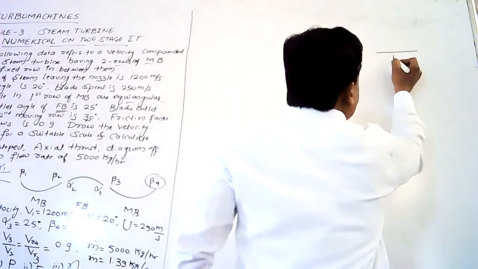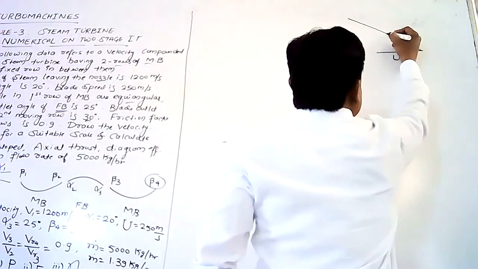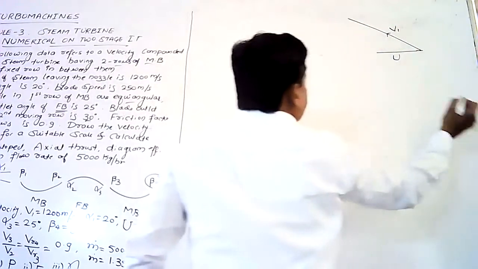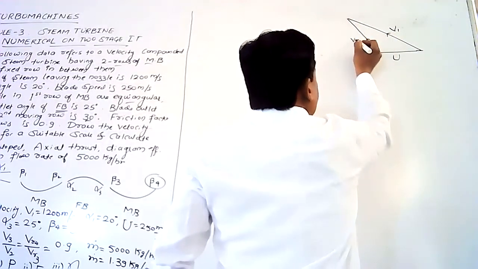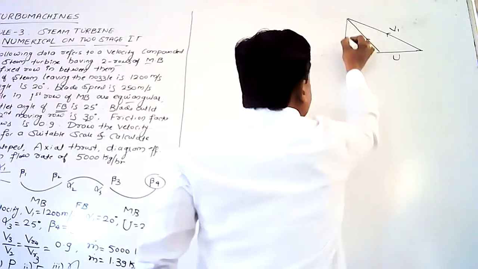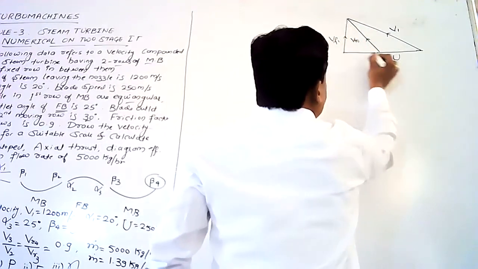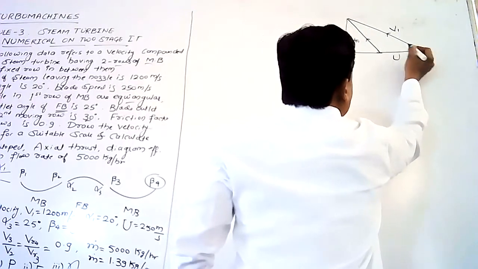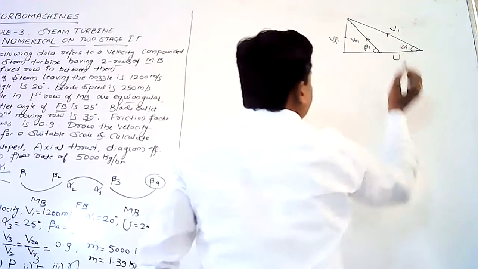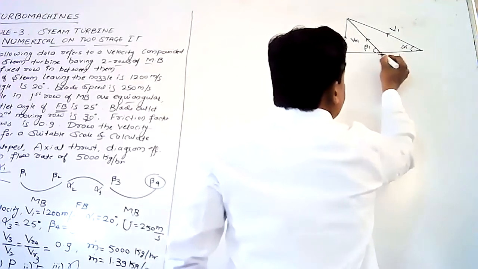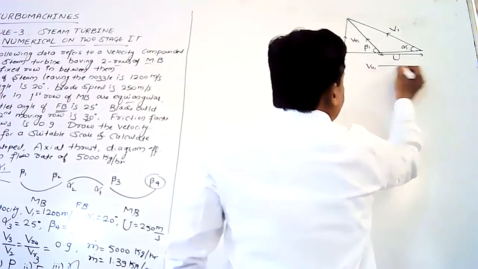This is u. This is the velocity V1, the absolute velocity of steam, and this will be VR1, the relative velocity component at the inlet. This is VF1, the flow velocity component. The angle for V1 is alpha 1. The angle for VR1 is beta 1. This is u, and VU1 is a horizontal component.